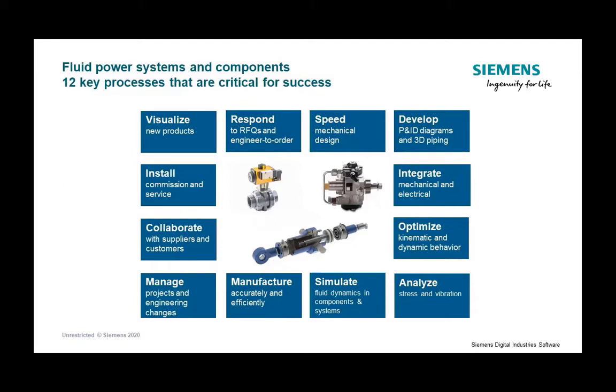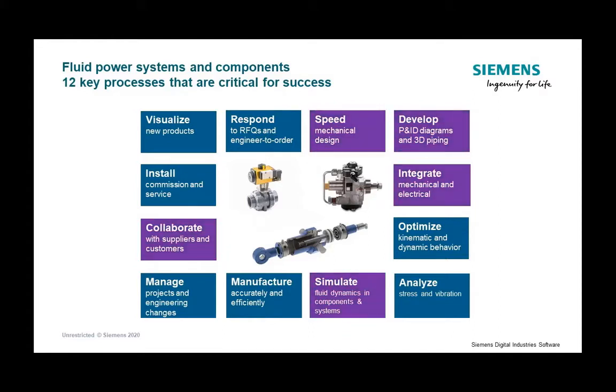These processes start with the ability to visualize new products before they are manufactured, creating attractive photorealistic images and animations to support your sales and marketing efforts, through areas like responding to RFQs, detailed mechanical design, integrating electrical components, analyzing fluid flow, collaborating with suppliers and customers, and creating documentation to support manufacturing, installation, and maintenance.